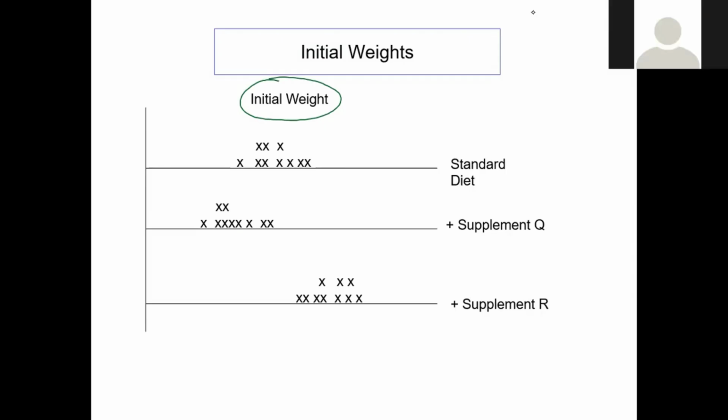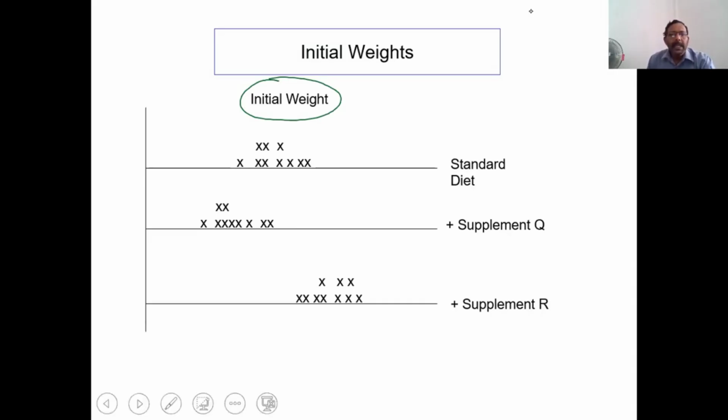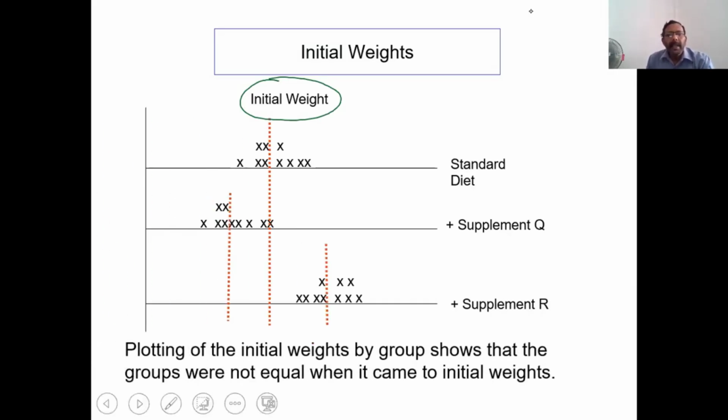No. So I'm putting them on a scale again, just to show you. If you put it on a scale, you see here, they have different scales of initial weight. I'm just taking the average initial weight, then only we can explain this easily.